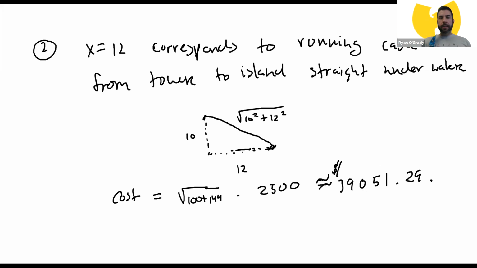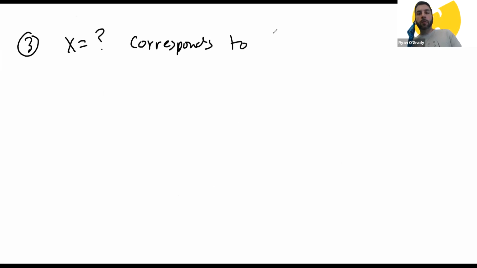Does anybody have a question about this? All right, so the interesting scenario is next. The third scenario, where x equals blah, corresponds to some water and some land.